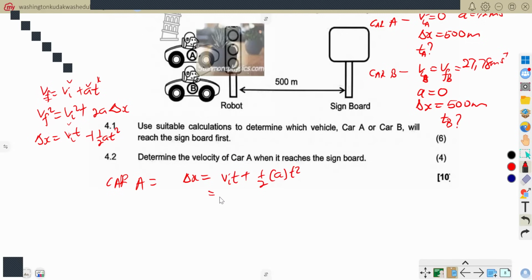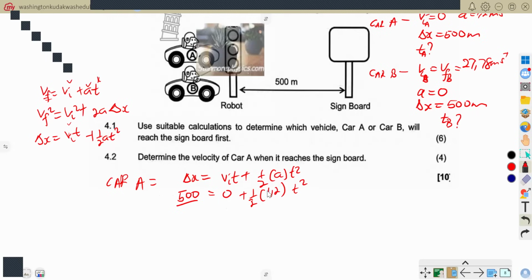Here my initial velocity is 0, the acceleration is 1.2, that is given, and we are looking for our total time. The change in displacement is equal to 500. So we need to determine this time.